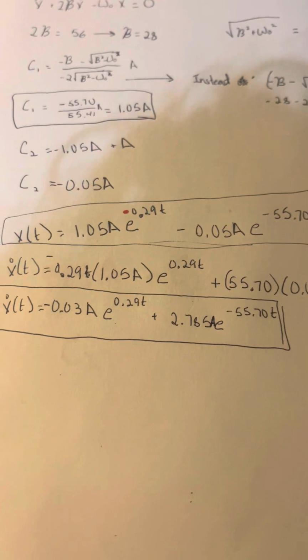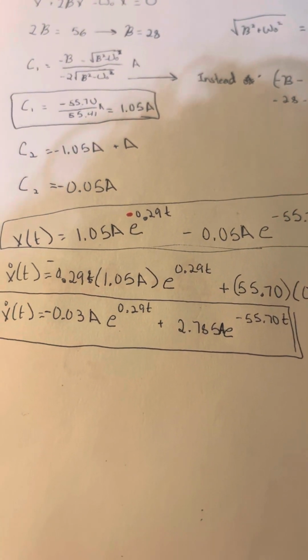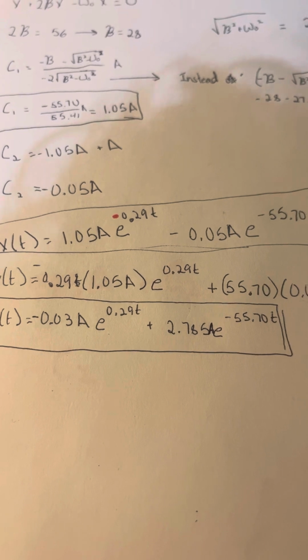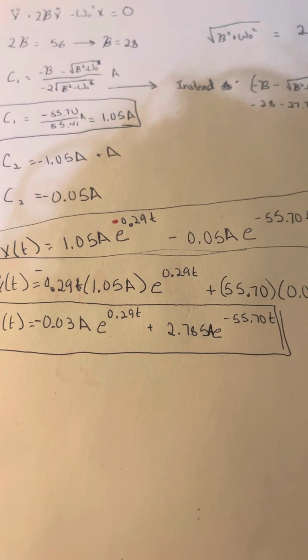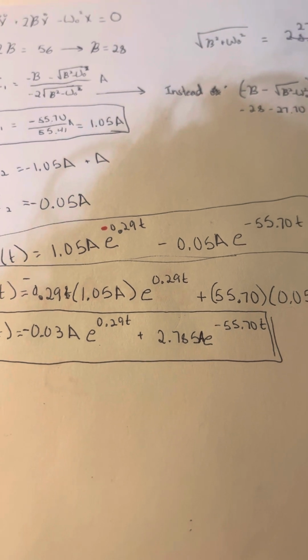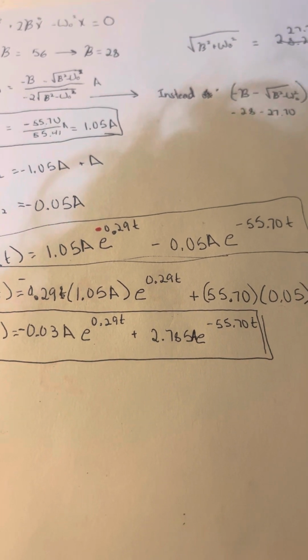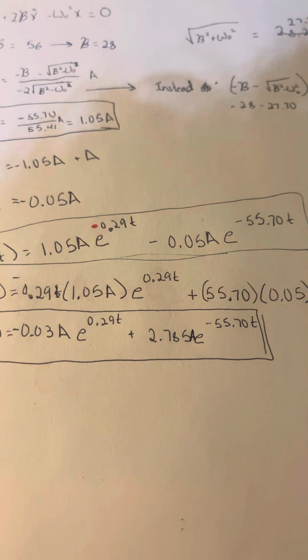You can see that the position and the velocity mostly depend on the first part of the solution, because e to the negative 55.7t is going to be very, very small.